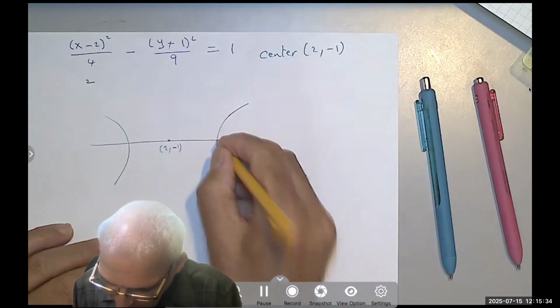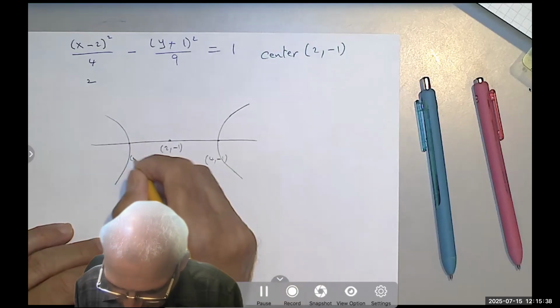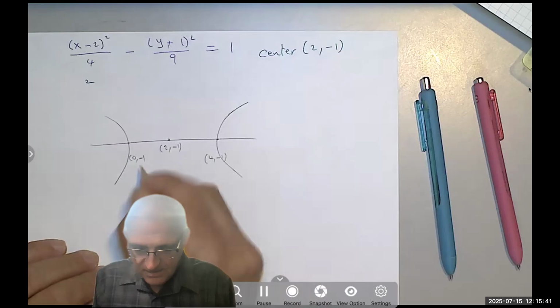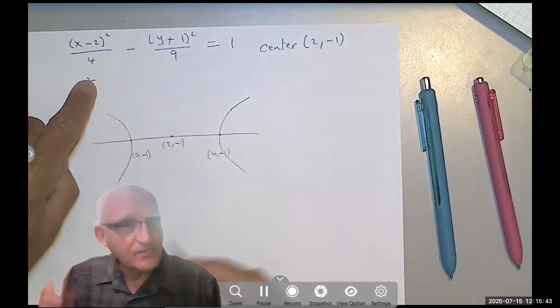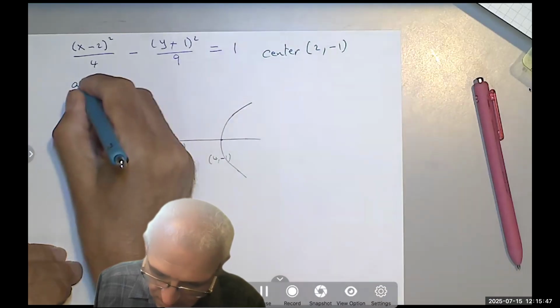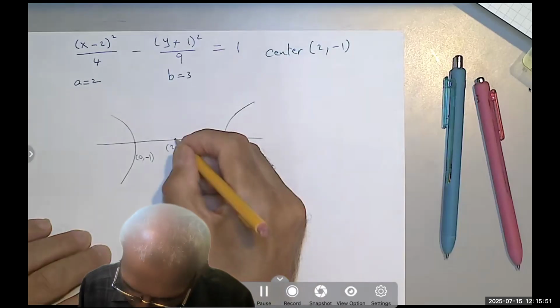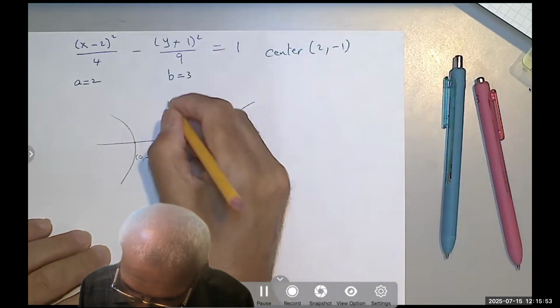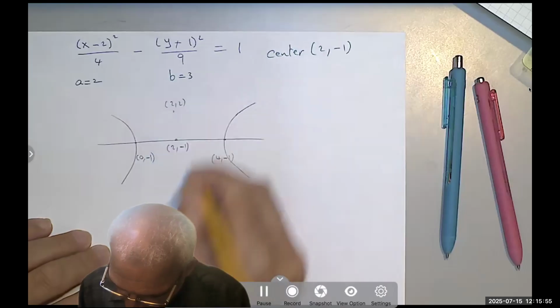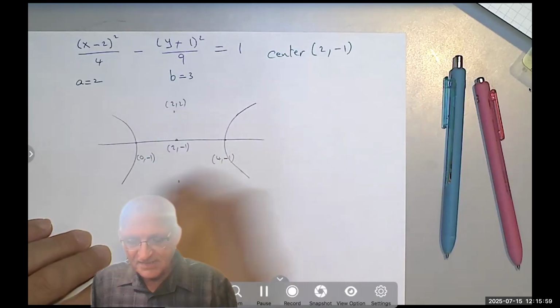So this becomes 4 and negative 1. And that would be 0 and negative 1, right? So you add 2 and subtract 2. B is 3. B is helpful, as you will see. I'm going to go 3 up to the point 2 and 2, and 3 down to the point 2 and negative 4. You will see why that's important.